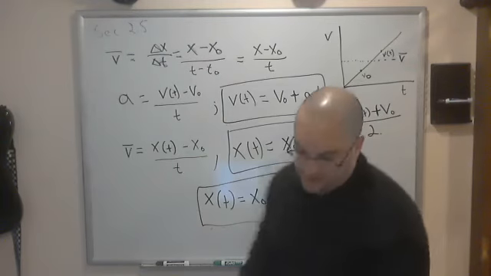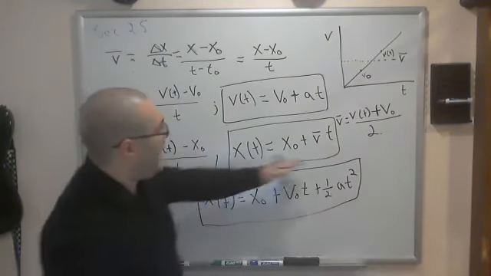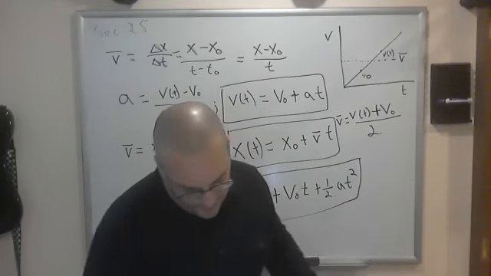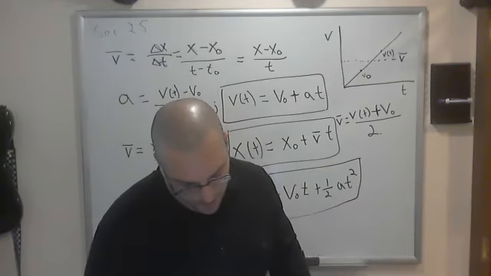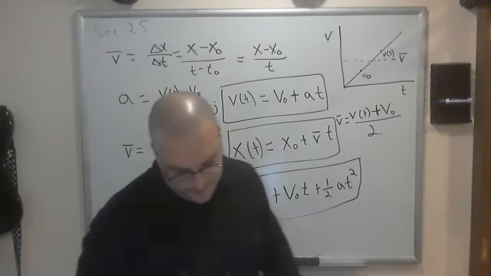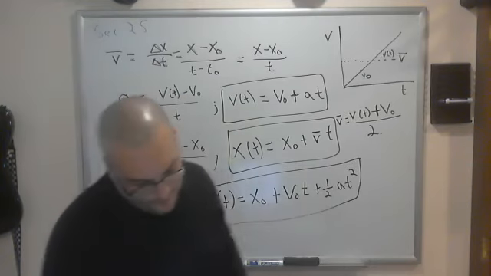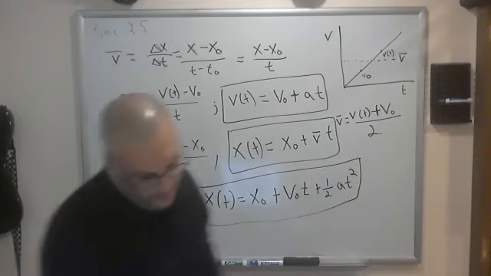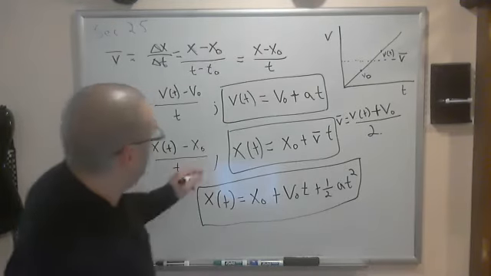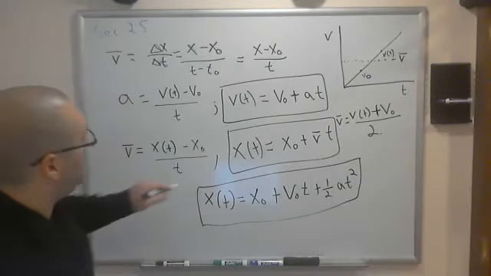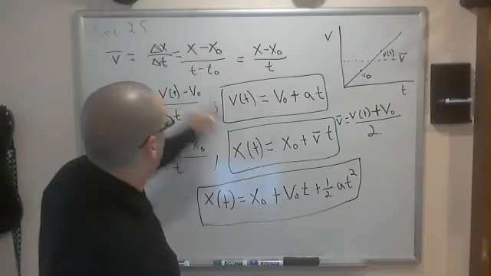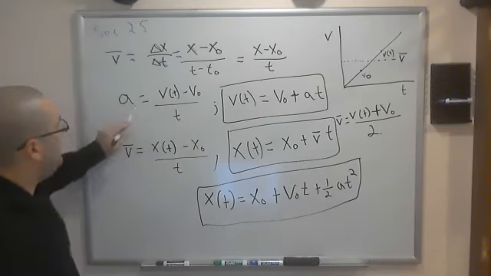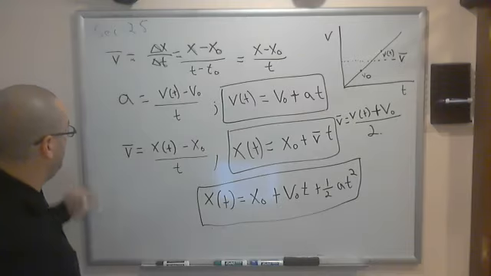Now we can rewrite this. Let's say if we don't have t, we could rewrite this in a form that doesn't involve t. So if we take this, and instead of using a over here, we solve for t.